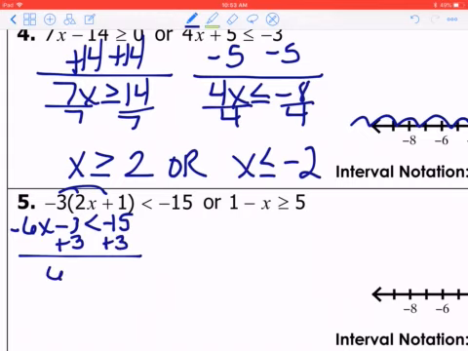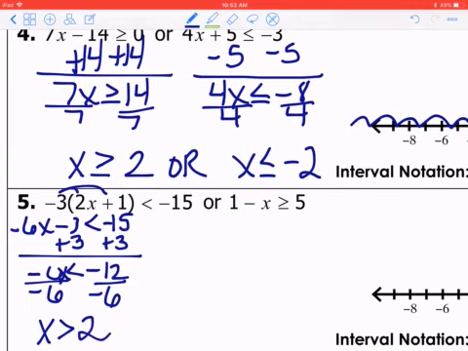Get negative 6x is less than negative 12. Divide by a negative 6. From yesterday, I reminded you, if you divide by a negative, you need to flip your inequality sign, and it's x is greater than 2. Our other or statement is 1 subtract x, so I need to subtract my 1.